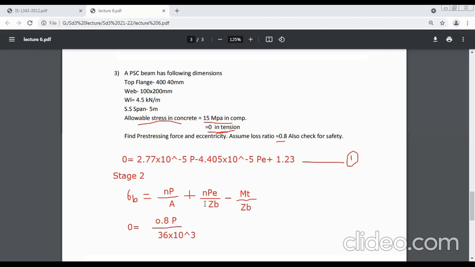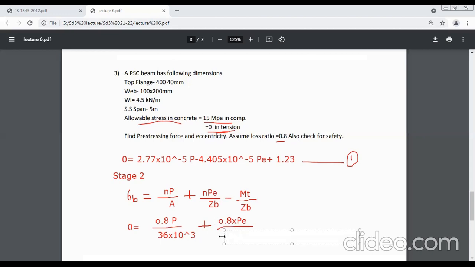Then plus 0.8 into P into E divided by ZB. ZB means I by YB. So how much is I by YB?